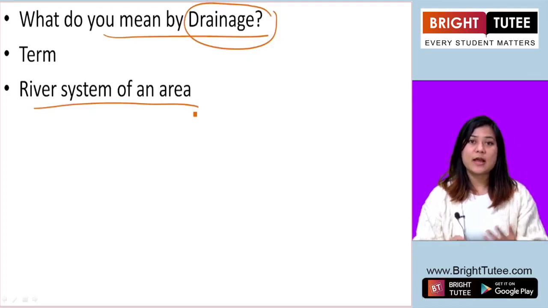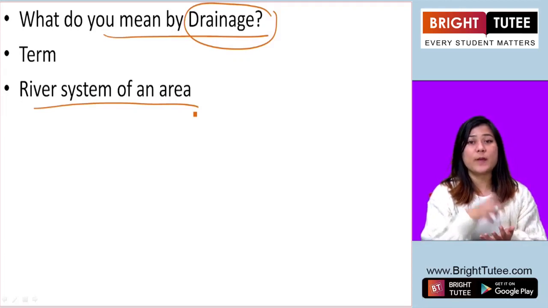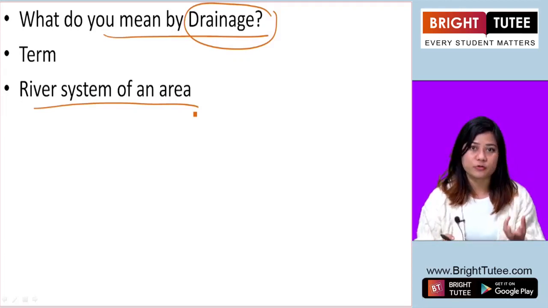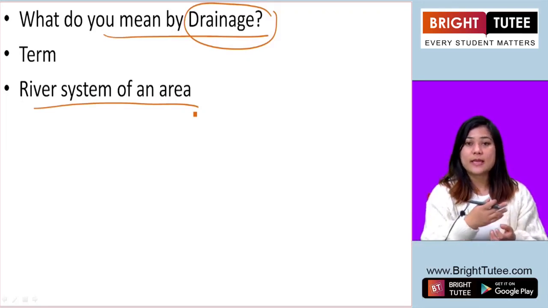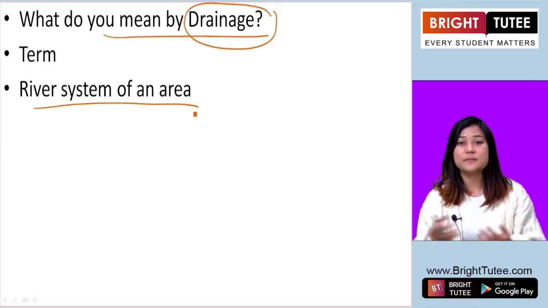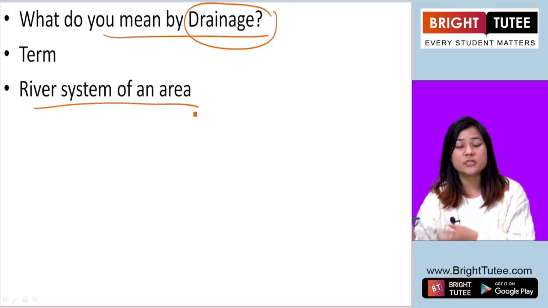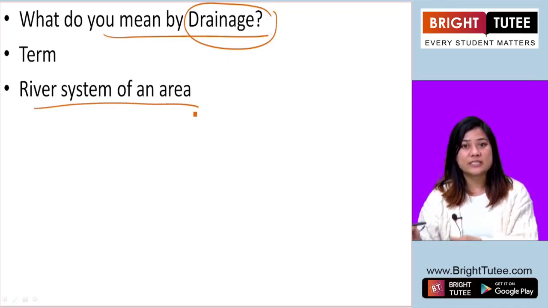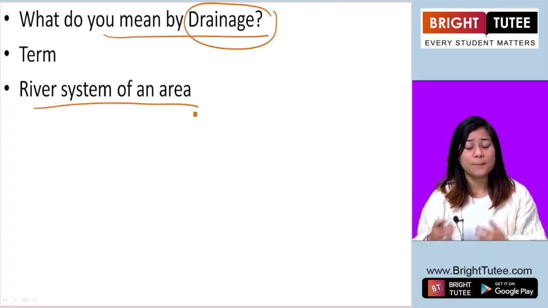The river flows from the spot where it originates, from its source, and then it flows for a long time, sometimes for a short time, and then drains into an ocean, sea, lake or any other surface area.